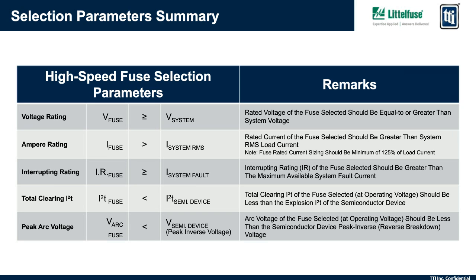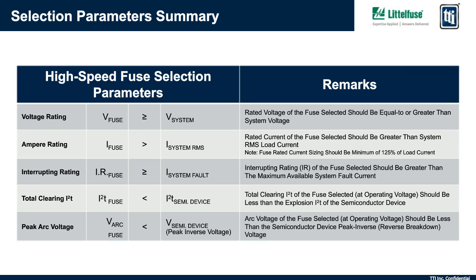These parameters can be used as a filter for narrowing down your search for the proper solution. Once you have something that meets these 5, you can do a deeper dive, which is usually covered in an applications guide, which, as I mentioned, there's a link to later on in this presentation.